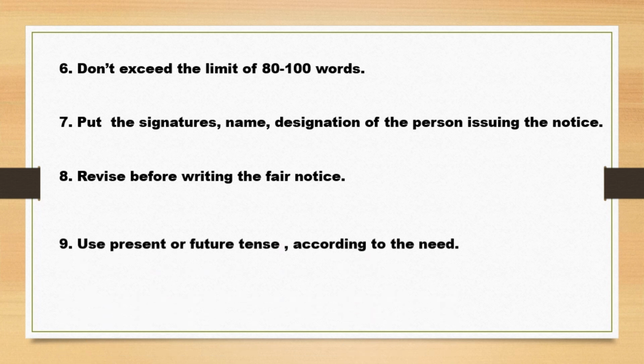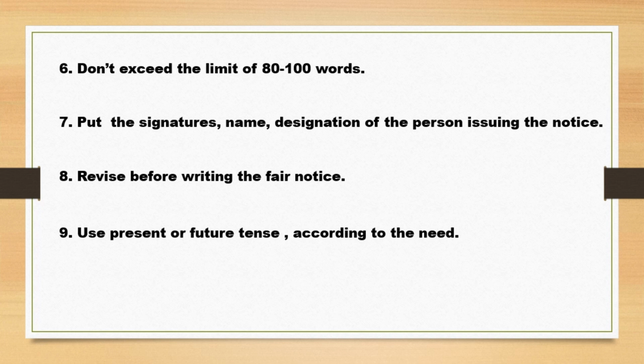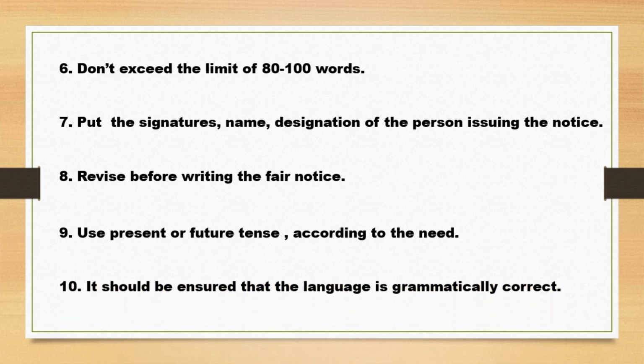Use present or future tense according to the need, because your notice would depict some kind of information which should always be written in the present or future tense. It should be ensured that the language is grammatically correct. There should not be any error which makes the reader or the listener misinterpret your writing.